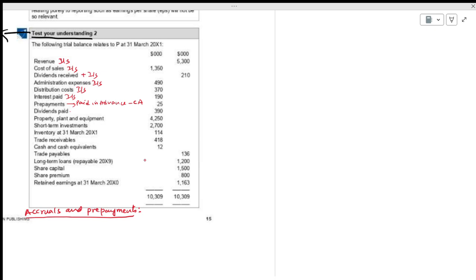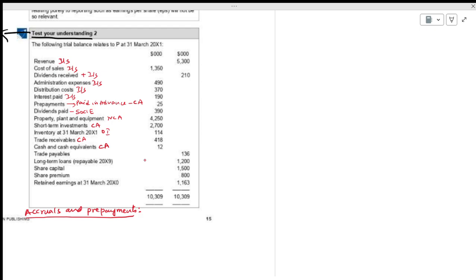Dividends paid, statement of changes in equity. They have given property, plant and equipment. Nothing is there, no adjustments. Non-current assets. Short-term investments, current assets. This is opening inventory. Trade receivables, current asset. Cash and equivalent, current asset.